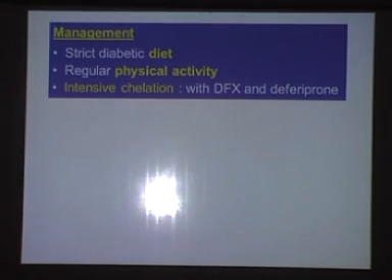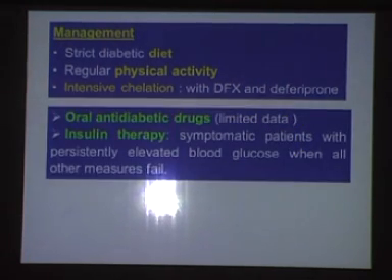The management is by a strict diet, regular physical activity, and intensive chelation with desferrioxamine and deferiprone.